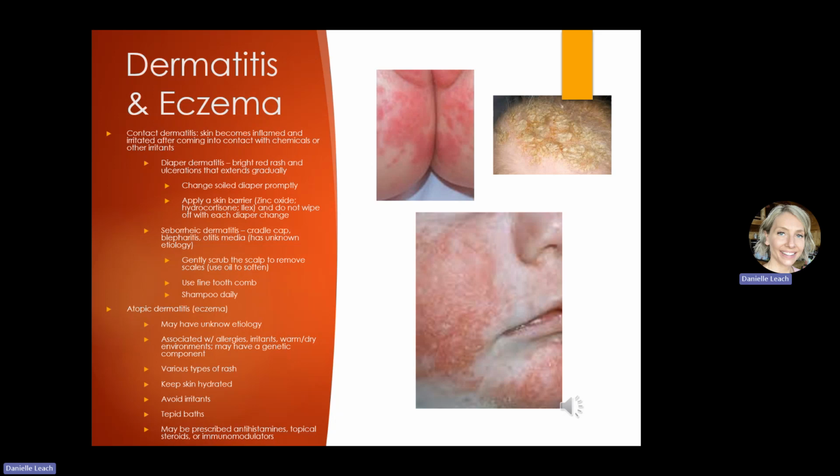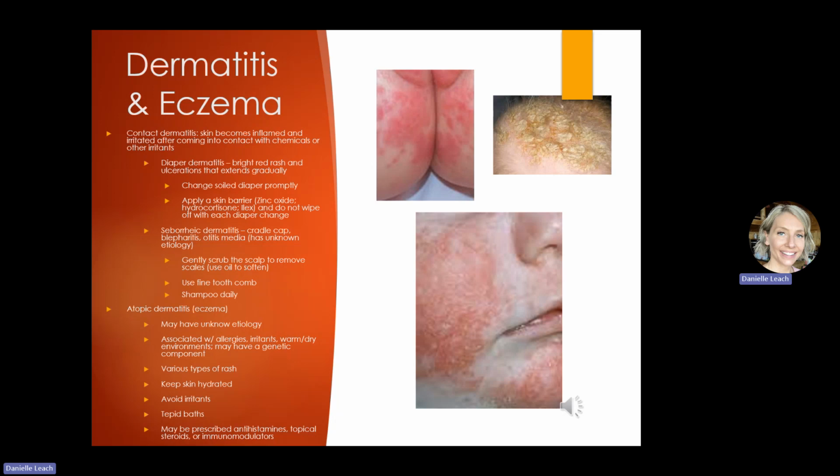Another type of dermatitis is atopic dermatitis, or more commonly just called eczema. Eczema sometimes has an unknown etiology also. It can sometimes be associated with children that also have asthma or food allergies.